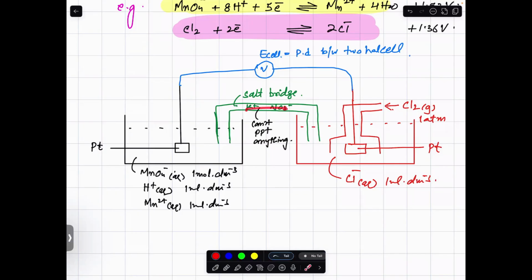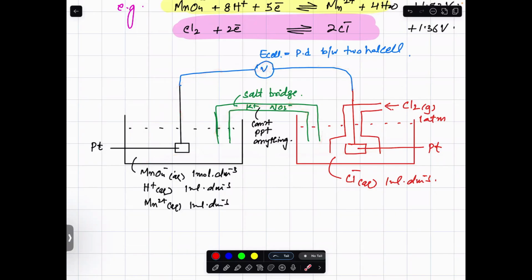They use potassium nitrate because if the nitrate is coming here or potassium is going there, they're not going to precipitate, they're not going to interfere, nothing will happen. They just complete the circuit by movement of ions. This is salt bridge. This is voltmeter, connecting wire.